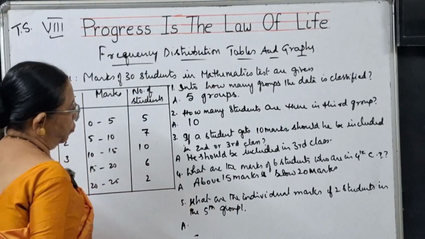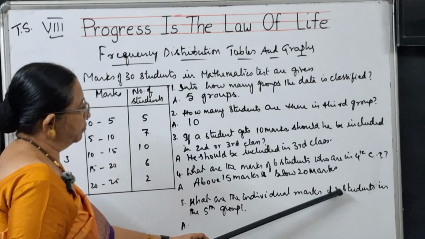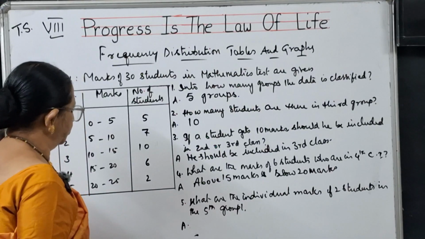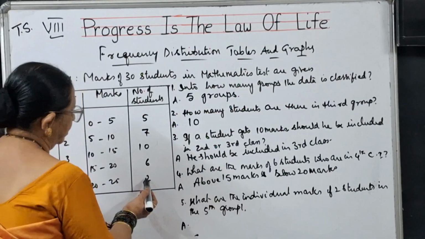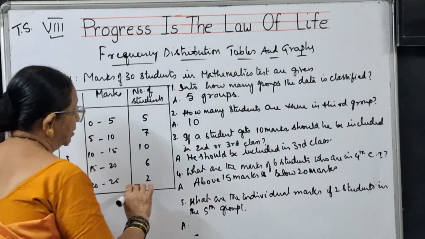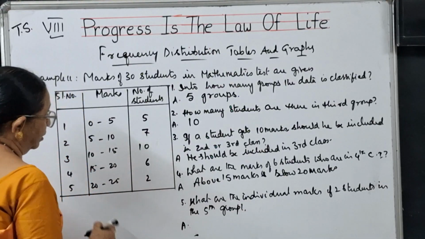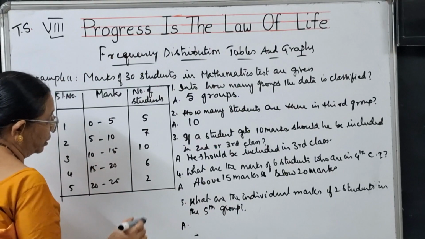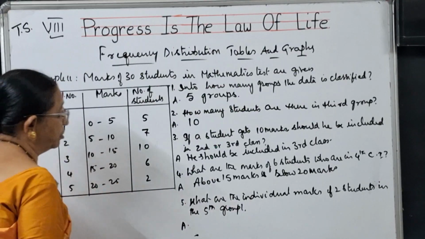Fifth question. What are the individual marks of the 2 students in the fifth group? Individual marks means here 2 students are there. How many marks did the first student get? How many marks did the second student get? With the data given to us, it is not possible to find.